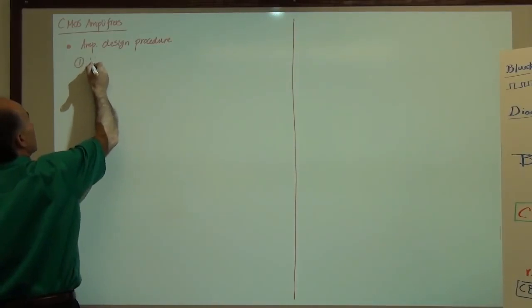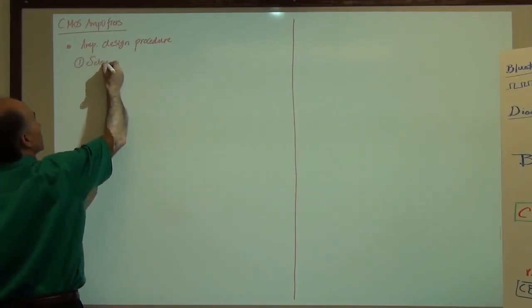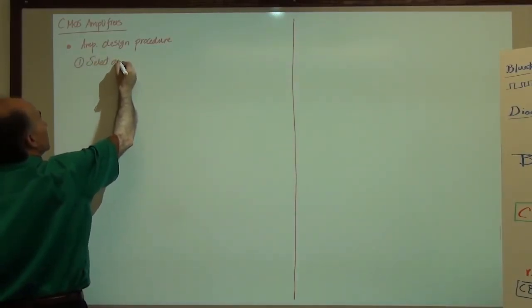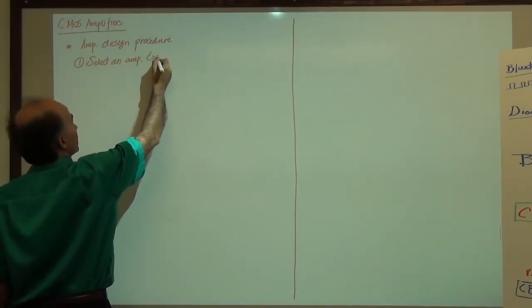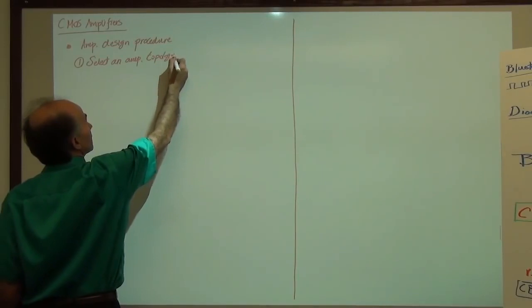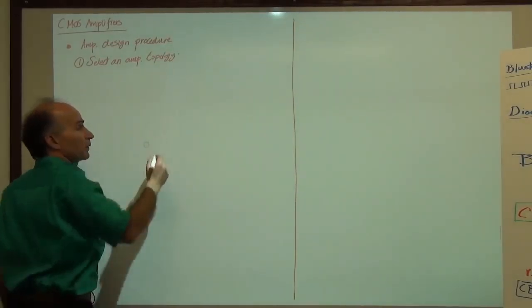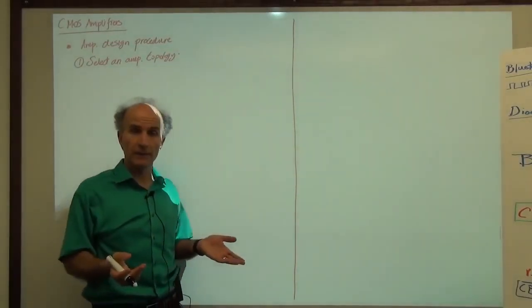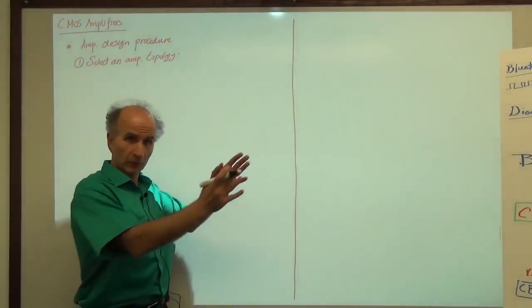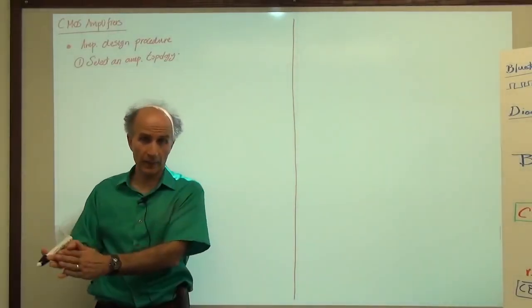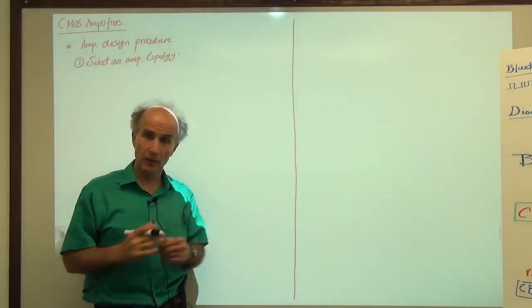Number one, we select an amplifier topology. As we will see, we have different amplifier topologies, and they have different properties. One topology might be useful for this application, another one for another application. Based on that, we go ahead and choose one.